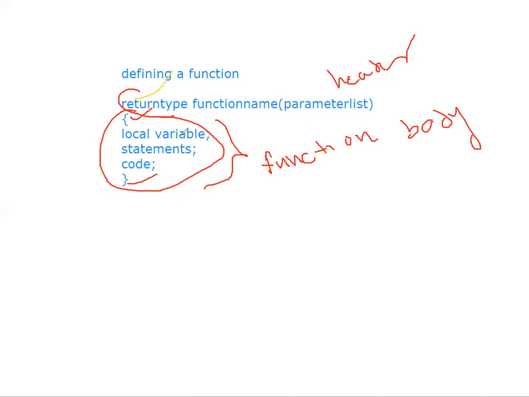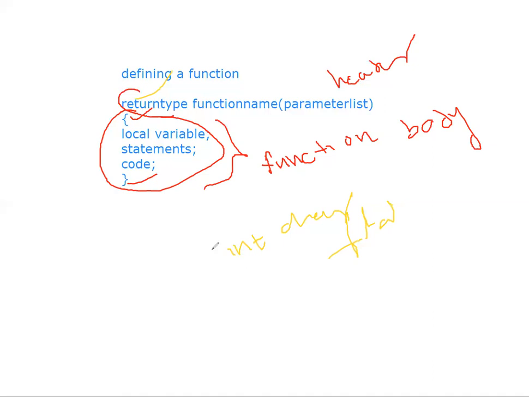The return type is the data type of the value, like integer, character, float. This is what the function returns.